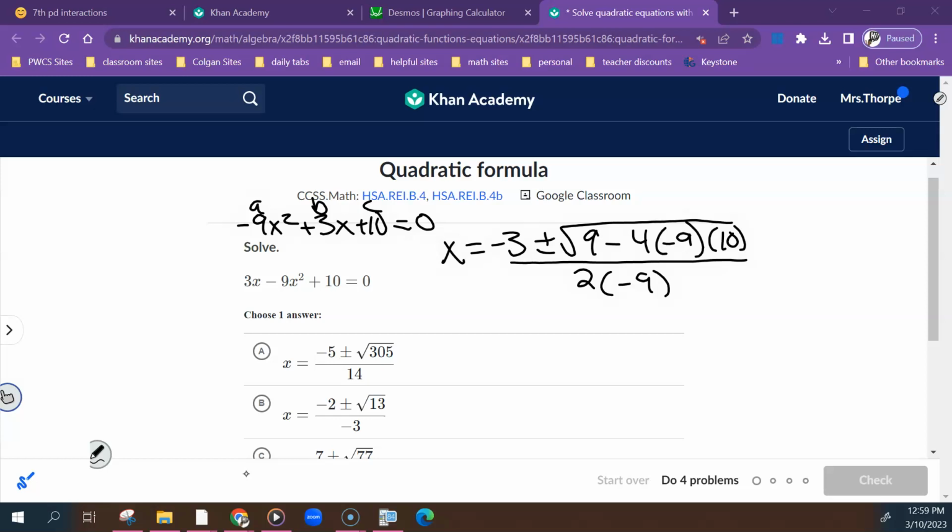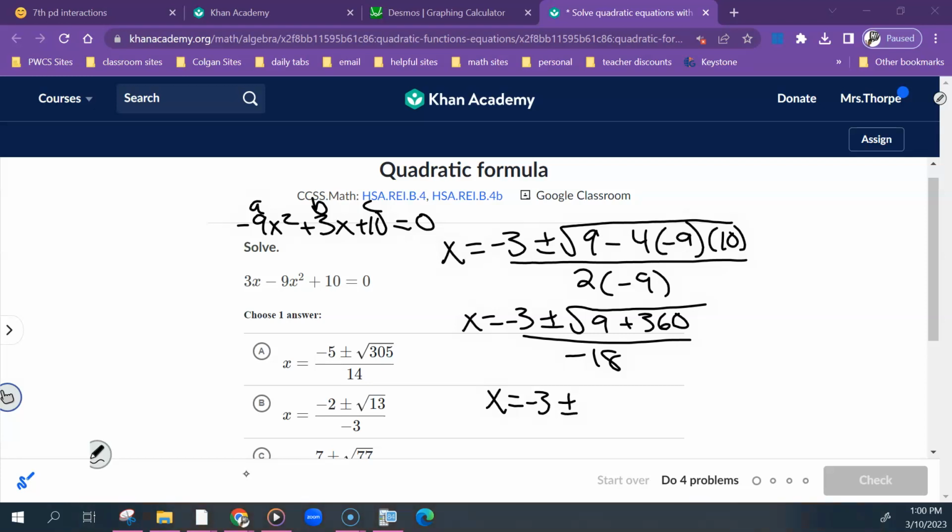And then you just get negative 3 plus or minus the square root of 369. Make sure you show the in-between step, what you got when you multiply this. But then yes, it would be 369.